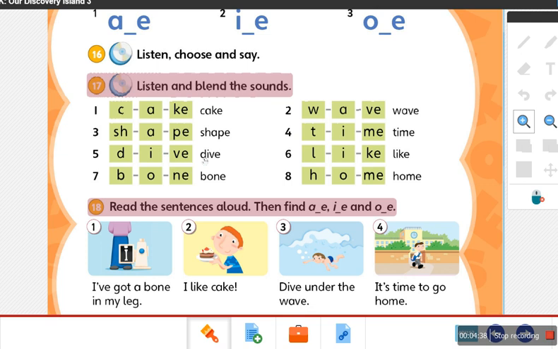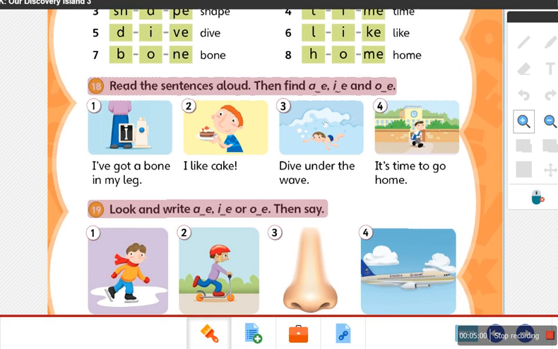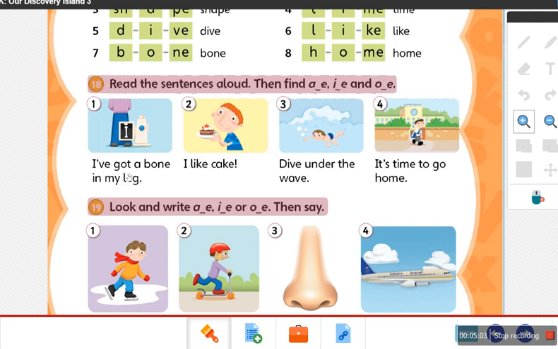This is long I. You all know about this word. Like. Here we have bone. Home.